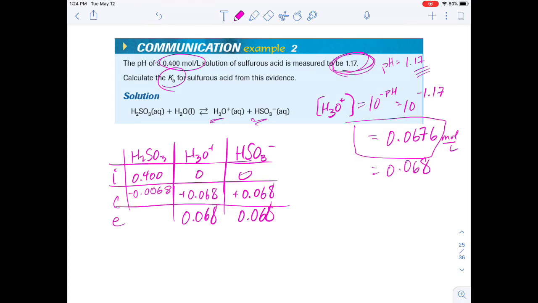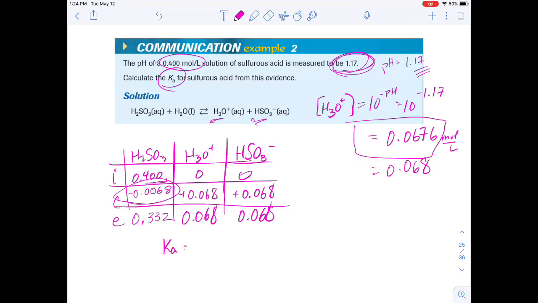Now if I take my 0.400 minus 0.068 and I round it to the 3 decimal places here, I'm going to get 0.332. And so in this case, the change was big enough to affect the equilibrium concentration of the acid.